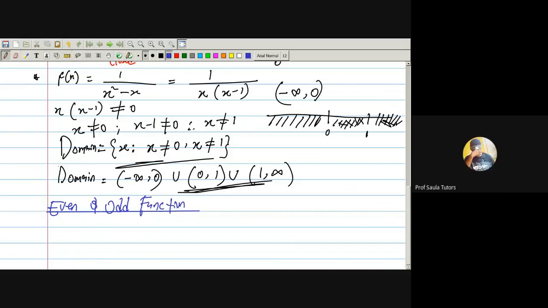If a function is even, then f of negative x gives you the same thing as f of x. And if f of negative x is the same thing as minus f of x, this is an odd function. Just check the condition, that's all.